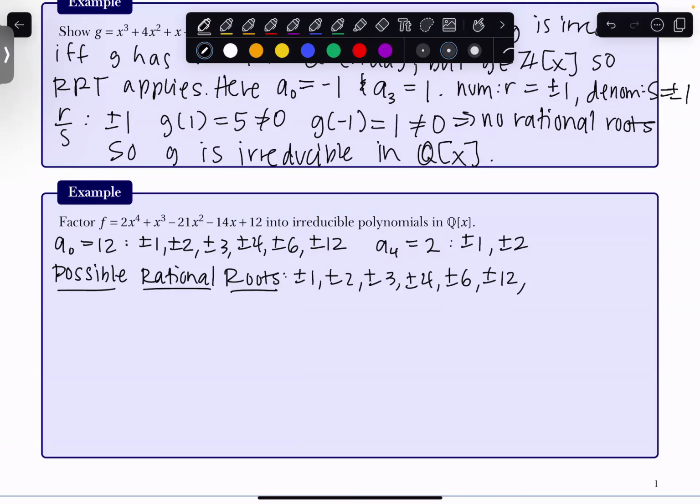I'm not going to write repeats, because it's already going to be a pretty long list, and I don't want to double check something I had already checked. So anything that's even will give me back 1, 2, 3, and 6, which is already in my list. So I'm going to look at the ones that are not even. I'll get 1/2, 3/2, and that's it. This is the same as 1.5. You can write them as decimals or as fractions as you'd like.